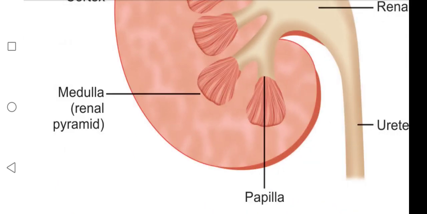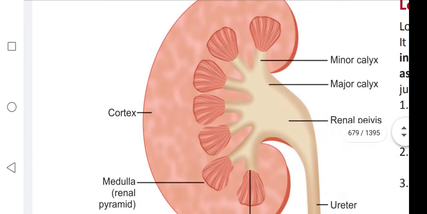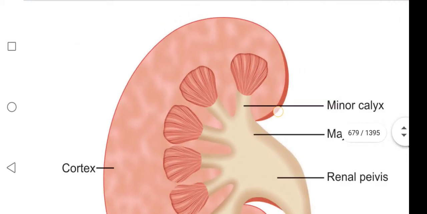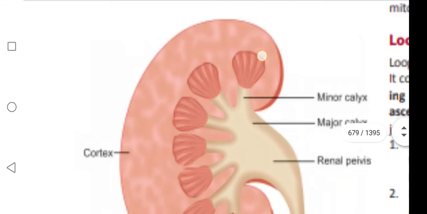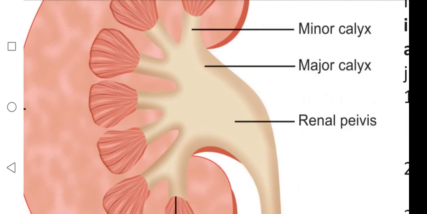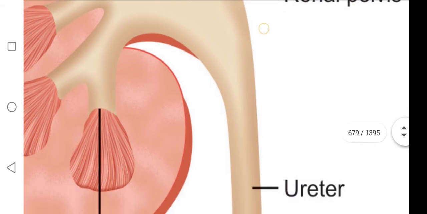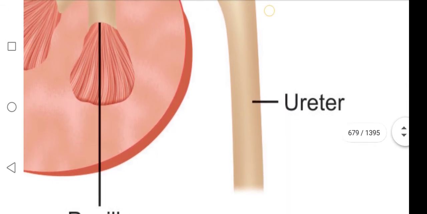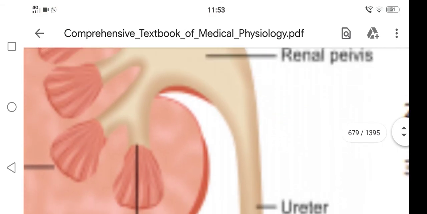We call these renal pyramids, and these are united at the papilla, and the papillae are joined and form the minor calyx, and minor calyces are united to form the major calyx, and the major calyx opens into the renal pelvis, and the renal pelvis is nothing but the expanded form of the ureter. You see here, the renal pelvis is the expanded form of the ureter.